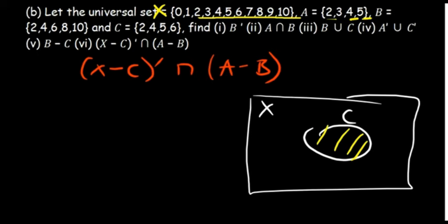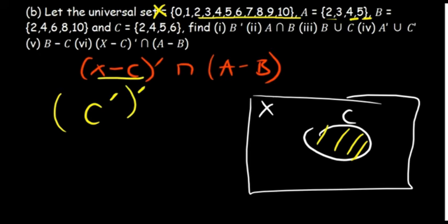So it's basically c complement. If you remove any given set from the universal set, what remains is the complement of that set, because you are either part of the set or you are outside it. So x minus c is the same as c complement, and there's also a complement outside that I have to show.